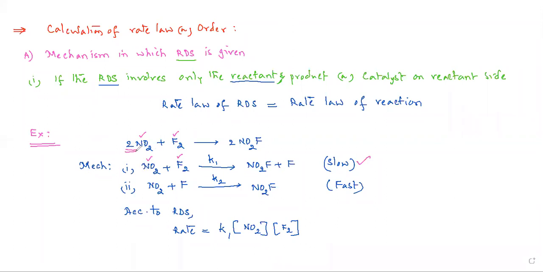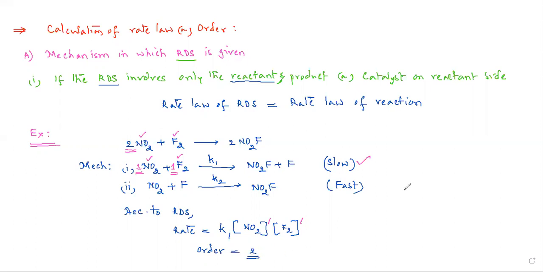Here you got the stoichiometric coefficient as 2, but here you got just 1 as the power because you have considered the slow step in which the coefficients are 1 and 1. So the overall order of this reaction is 2, isn't it?